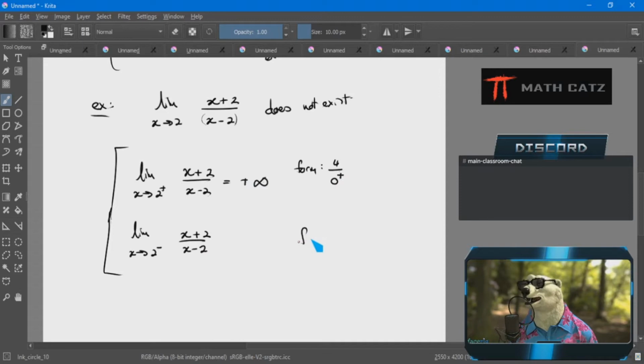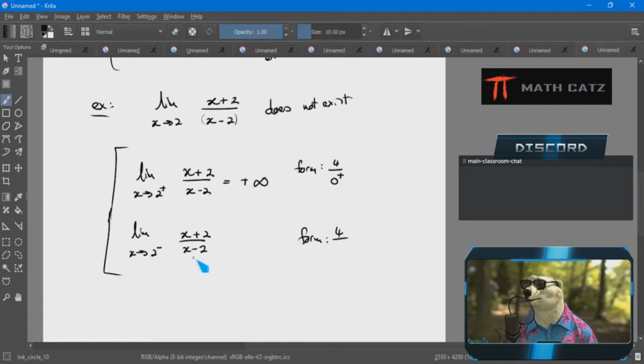If I look at the second one, this is where people struggle with this, keeping track of the pieces. And I will say later on we will come up with a method to lay it out and structure it better so you can keep track of it better. But for now, it's unfortunately all we have. So when x gets close to 2, x plus 2 is still going to go to 4, no problem.